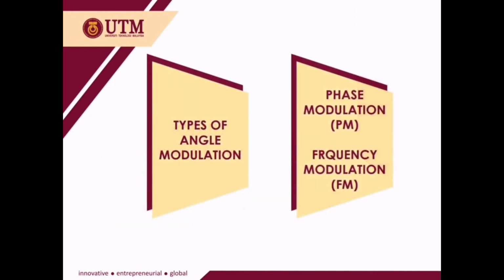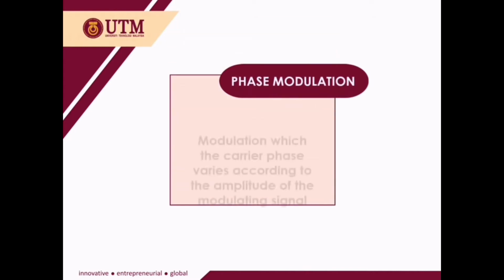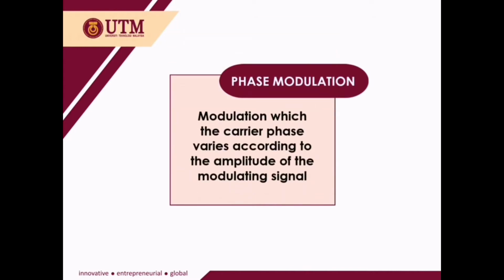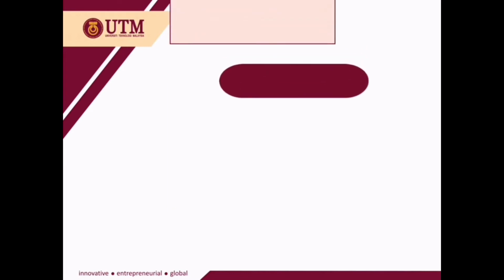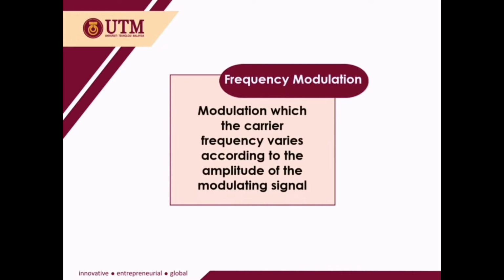Angle modulation consists of phase modulation, PM, and frequency modulation, FM. Phase modulation is a modulation in which the carrier phase varies according to the amplitude of the modulating signal. Frequency modulation is a modulation in which the carrier frequency varies according to the amplitude of the modulating signal.